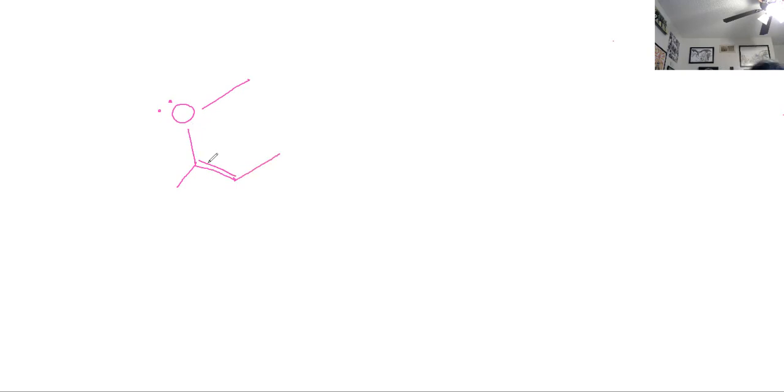So let's say we wanted to create a formal charge. What if we move this lone pair right here to this sigma bond? Well, if we do that, we already have 1, 2, 3, 4, because that's a pi bond. So that would be exceeding an octet for this carbon right here.